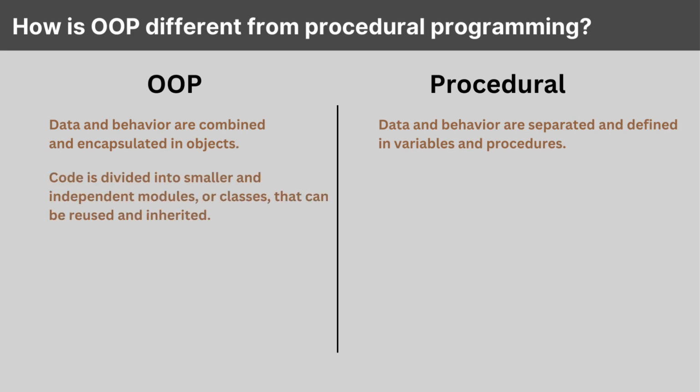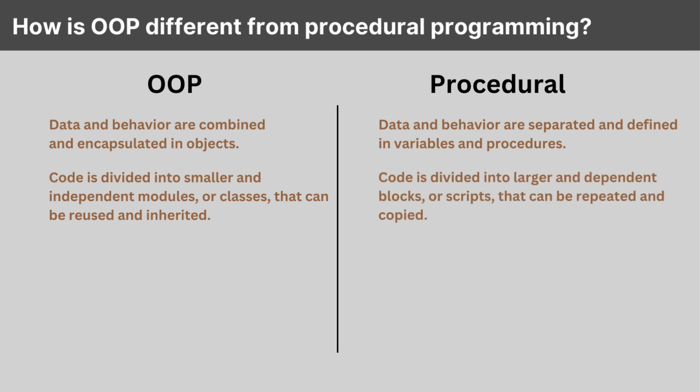And now we have modularity and reusability. In OOP, code is divided into smaller and independent modules or classes that can be reused and inherited, whereas in procedural programming, code is divided into larger and dependent blocks or scripts that can be repeated and copied.